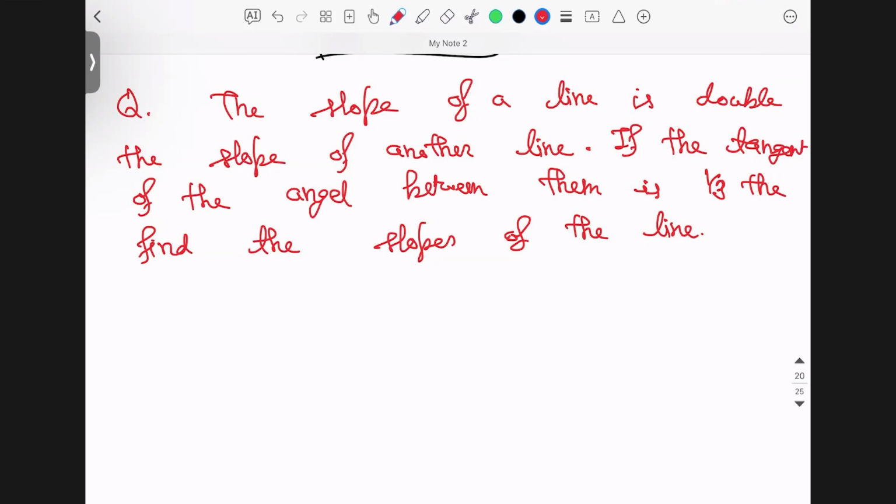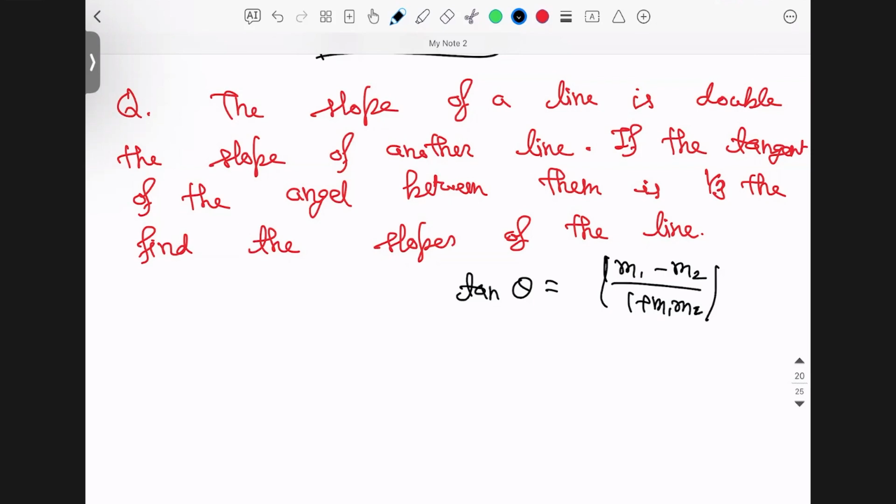Okay, so how can we do it? First, if the angle between two straight lines is theta, then we derive that tan theta equals modulus of (m1 minus m2) divided by (1 plus m1 m2), where m1 is the slope of the first line and m2 is the slope of the second line. Now, what is the question here?